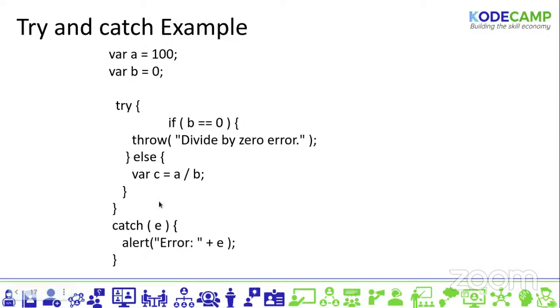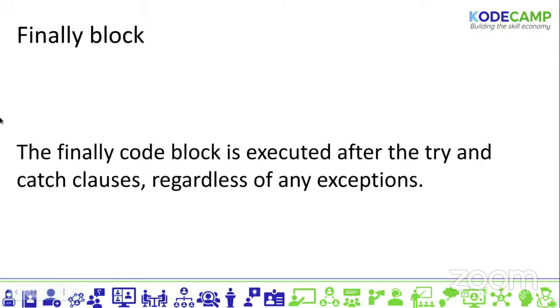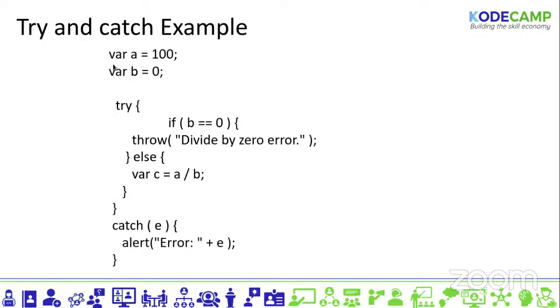So let's look at the finally block. We have try, we have catch, which has the error, and then we now have finally.